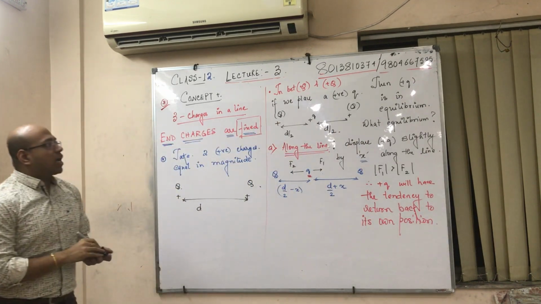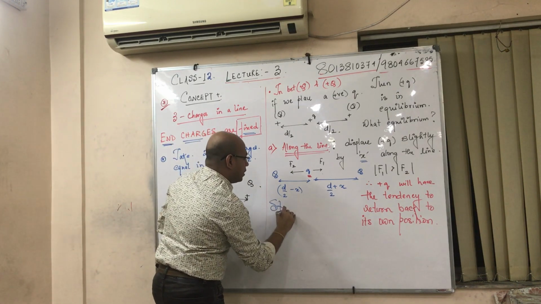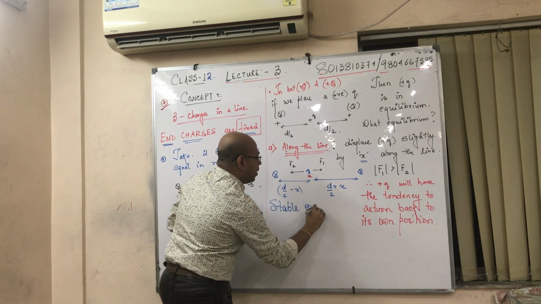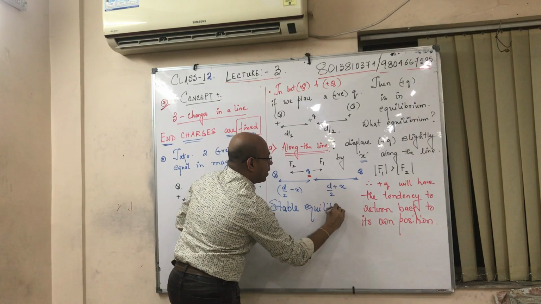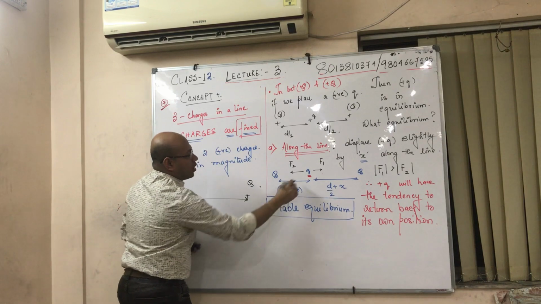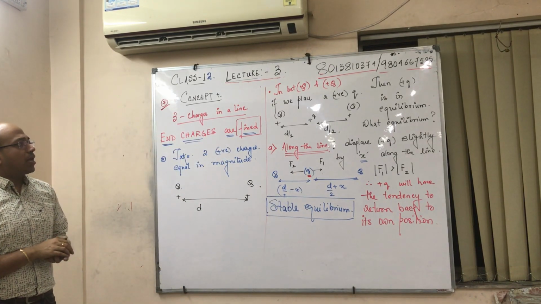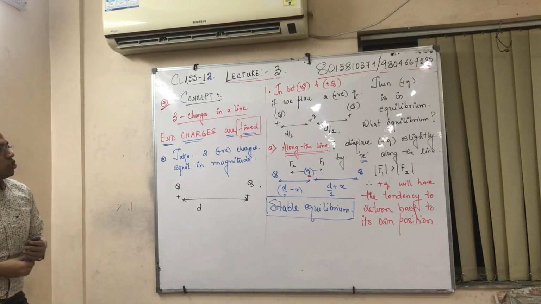So what sort of equilibrium is this? This is termed as stable equilibrium. This is the stable equilibrium of the plus q charge.